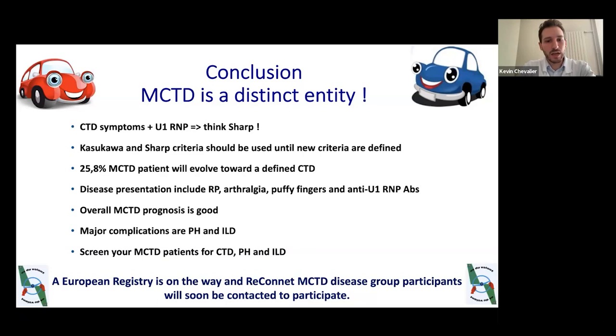The main clinical symptoms at disease presentation were Raynaud's phenomenon, arthralgia, puffy fingers, and anti-U1 RNP antibodies. Overall, MCTD seems to have a very good prognosis, but two major complications impact patient survival: pulmonary hypertension and interstitial lung disease. So patients with MCTD should be screened for pulmonary hypertension and ILD at diagnosis and during follow-up.